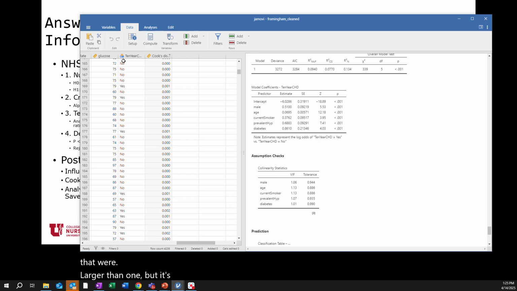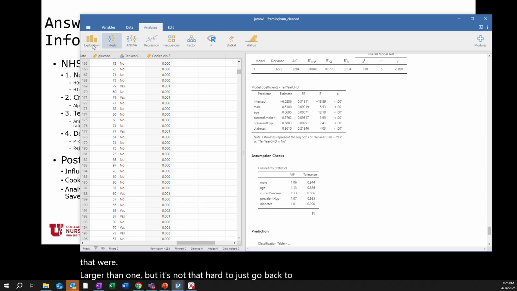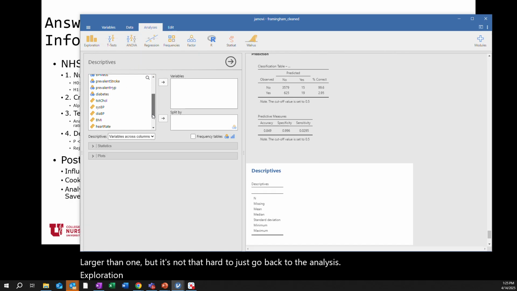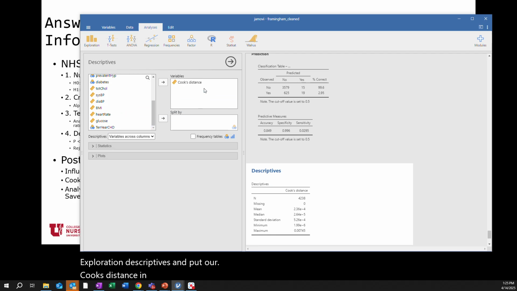But it's not that hard to just go back to the analysis, exploration, descriptives, and put our Cook's distance in the box, and we get our number of cases, no missing values, and the thing that I'm interested in here is the minimum and the maximum.